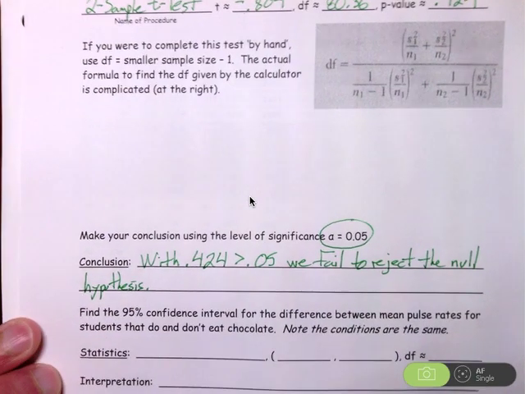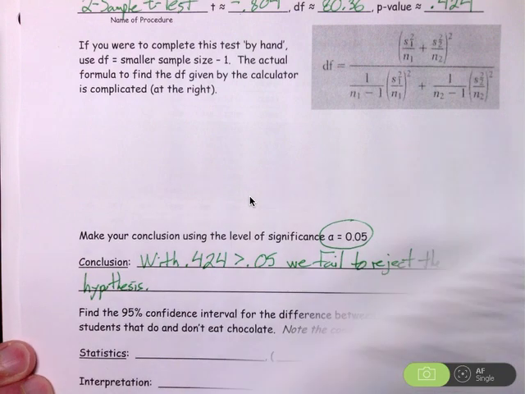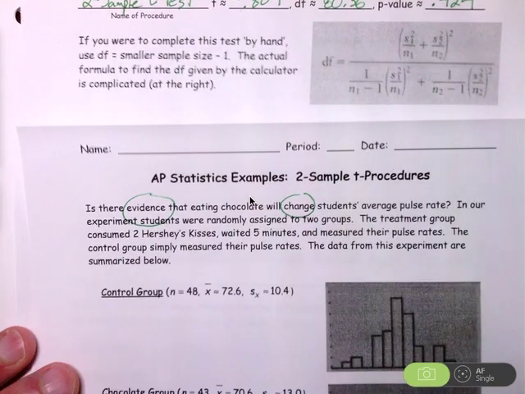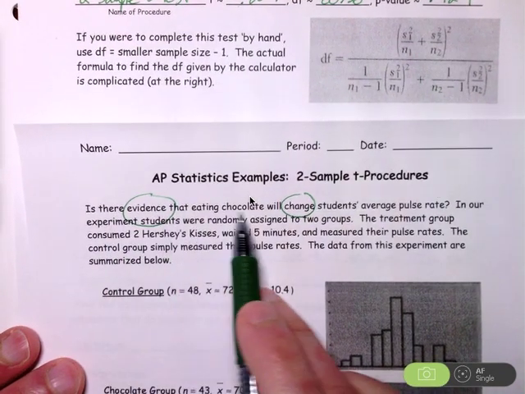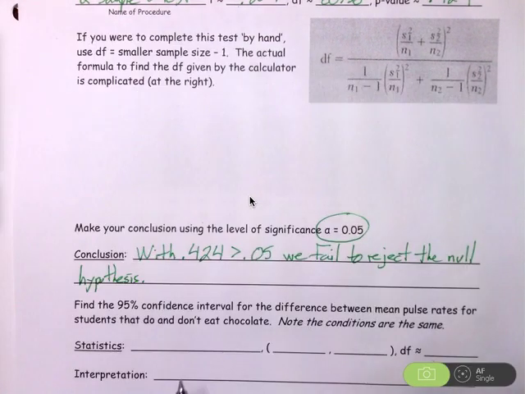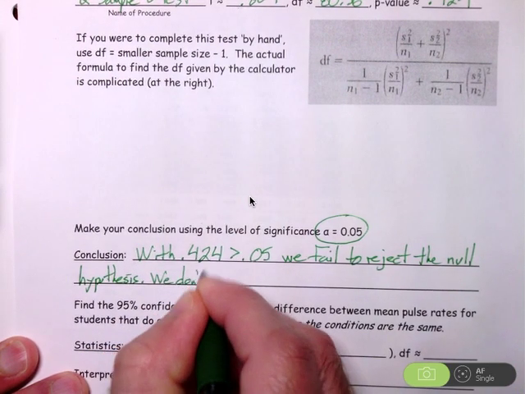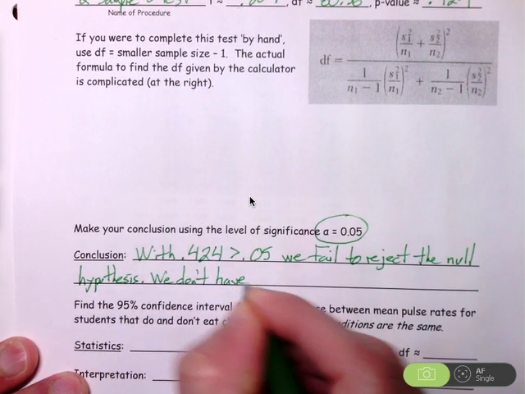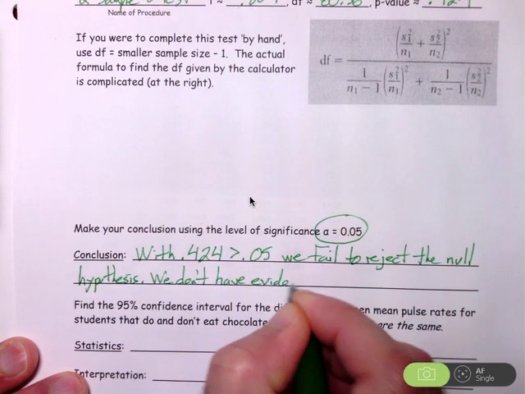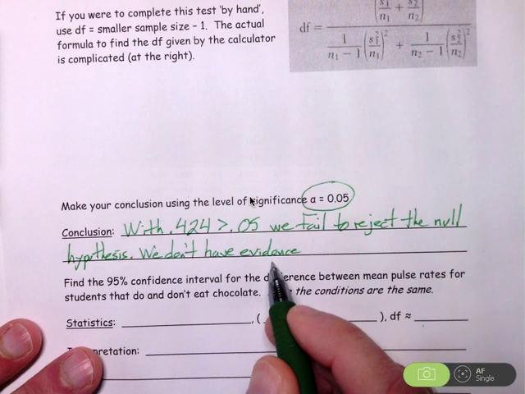And then notice my strong suggestion is that you simply copy the words. So look, the question was written, is there evidence that eating chocolate will change students' average pulse rate? Well, no. So this means we don't have evidence. That word evidence is the signal that you need to use a significance test.